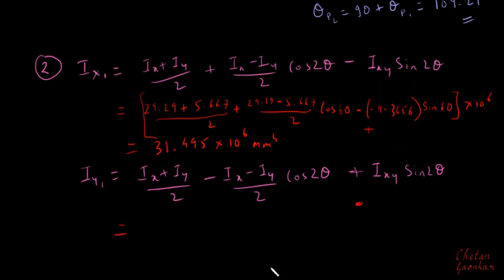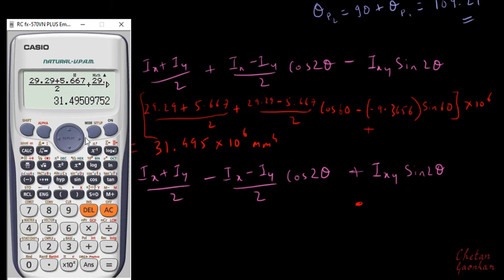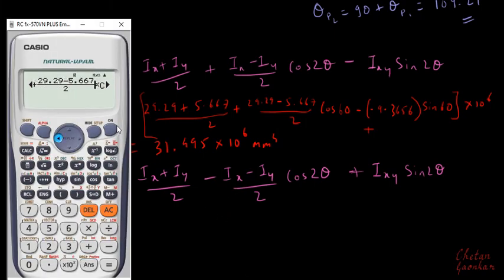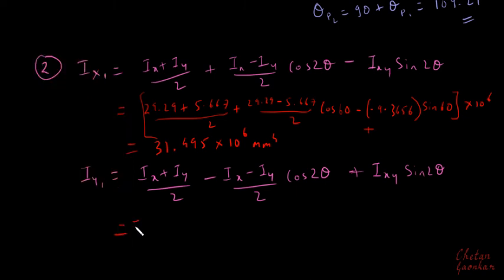So I just need to change the signs in the equation which I had already fed here. Then I get this answer as 3.4619. So these are our new values of Ix1 and Iy1.